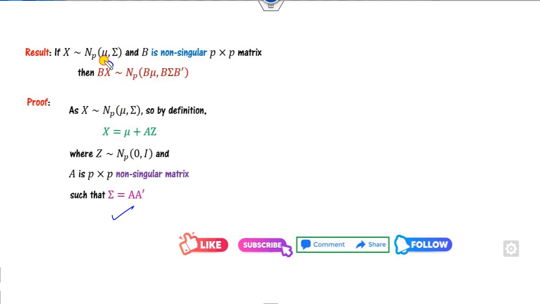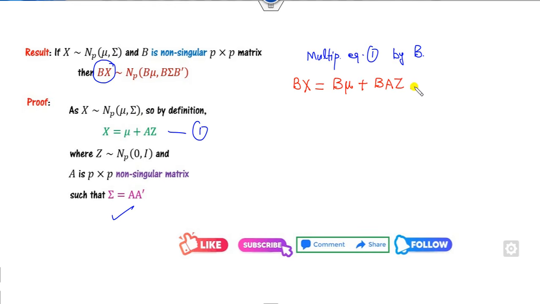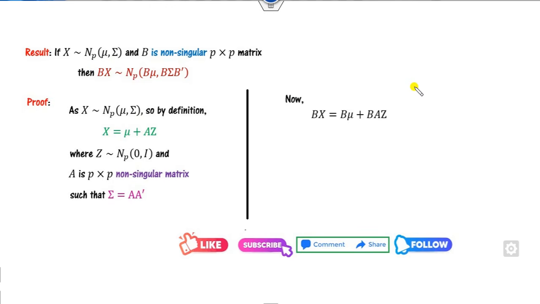Now your target is to find Bx. It means I have to multiply equation number 1 by matrix B. So what happened? Bx is equal to B mu plus B A Z. Fine, that will happen.